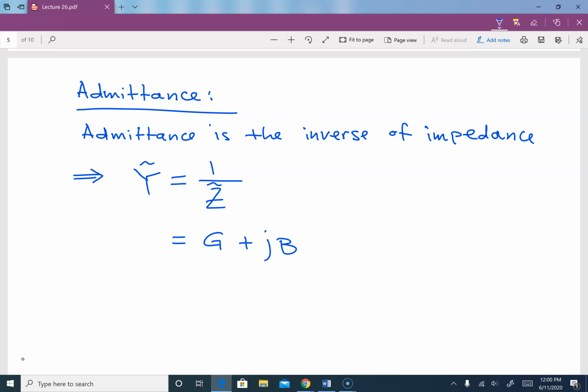This G here, we call it conductance, and this B over here, we call it susceptance.